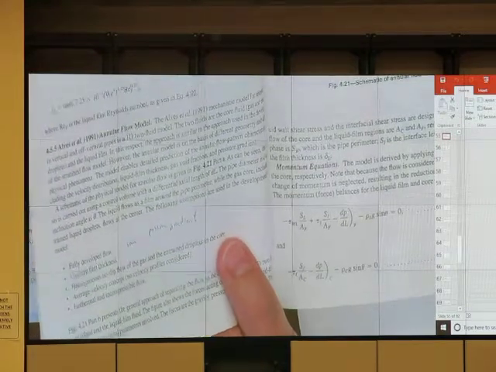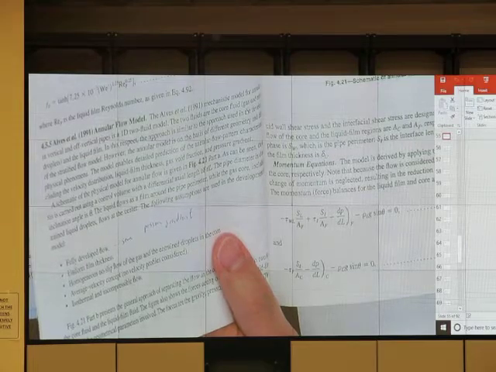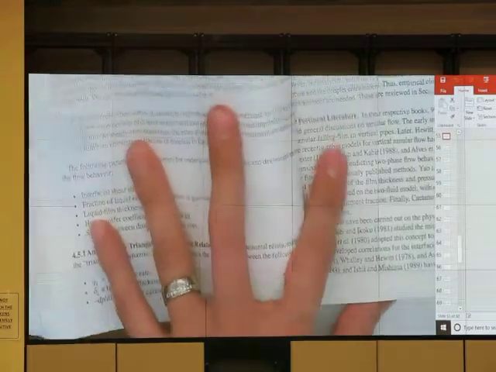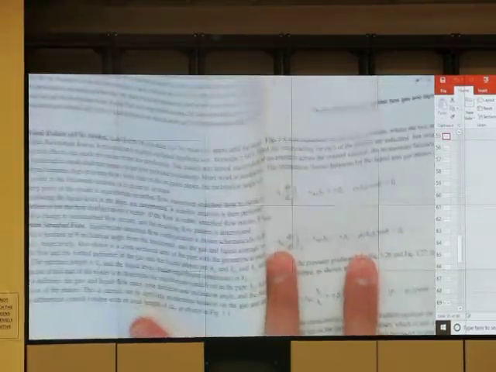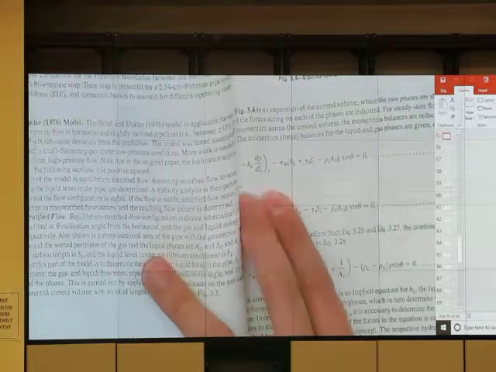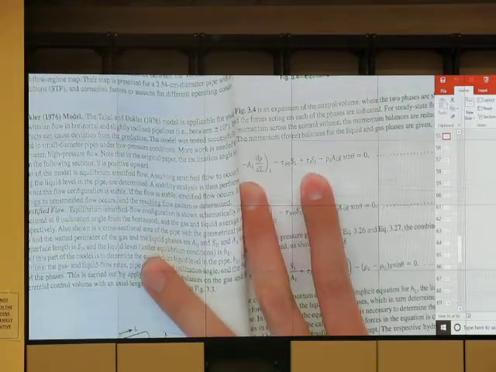Let's think about horizontal stratified flow. When we do horizontal stratified flow, we have tau I, right?